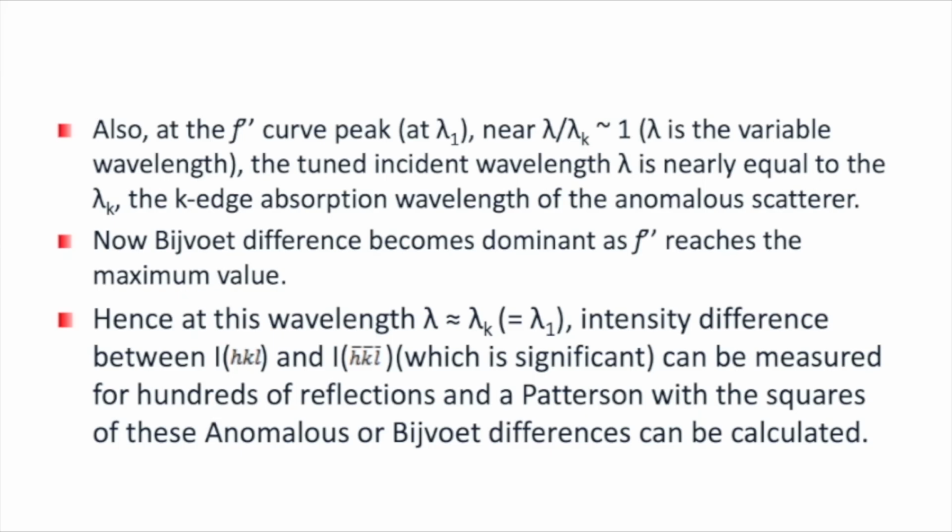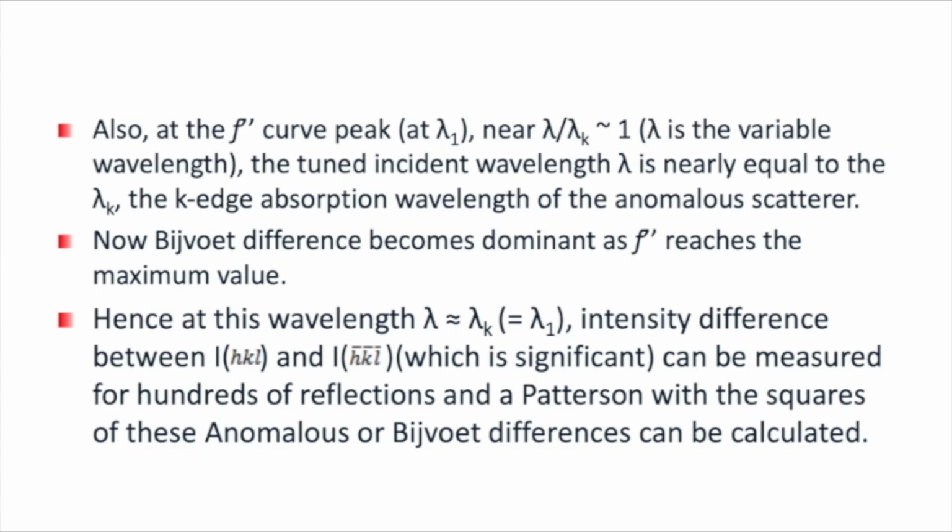So at this wavelength, the intensity difference between HKL and H bar, K bar, L bar will be significant, and can be measured for hundreds of reflections, and a Patterson with these differences can be carried out to get the anomalous scattering positions.